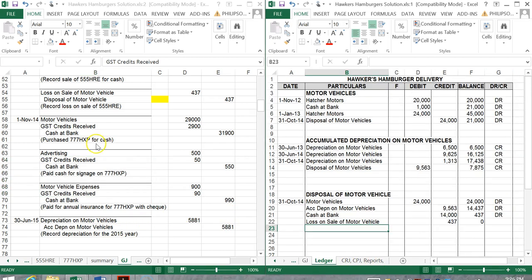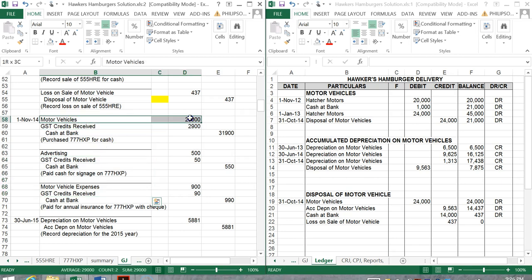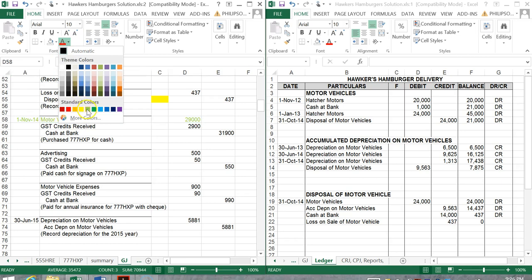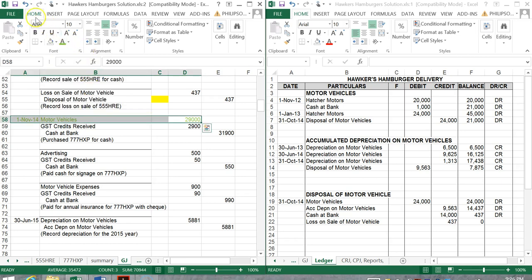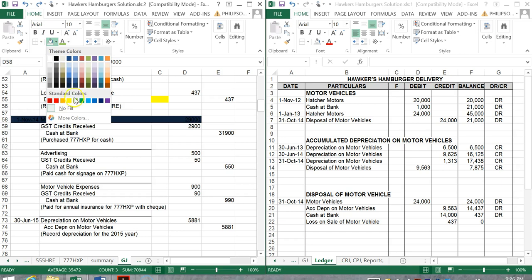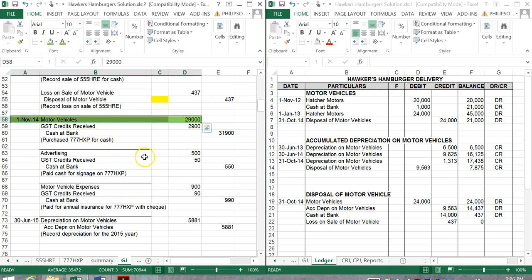Alright, these journal entries, we still need to post the relevant ones to the ledger. So we need to post this one here. Just that one, and then just this one.